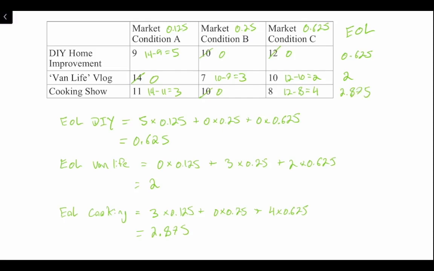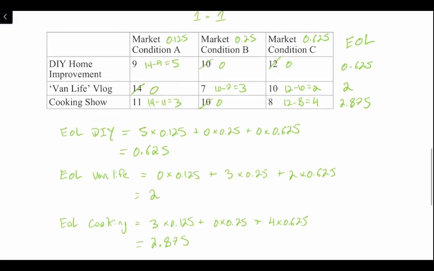So following the expected opportunity loss, we're going to select the decision with the lowest expected opportunity loss. In this case, the lowest expected opportunity loss is our DIY home improvement. Okay, so the expected opportunity loss by selecting DIY home improvement is simply $0.625 million.